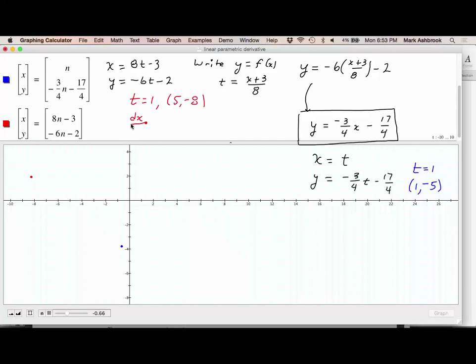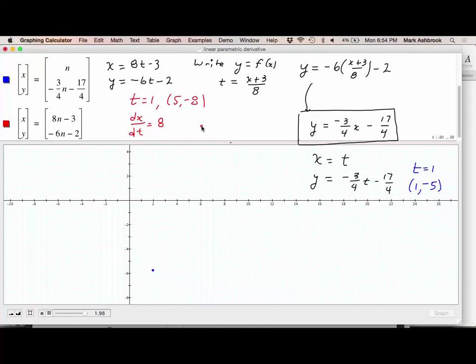dx dt is 8. What does it mean? What's changing at a constant rate of 8? Given a change in t, the change in x is 8 times as much as whatever change in t I have.